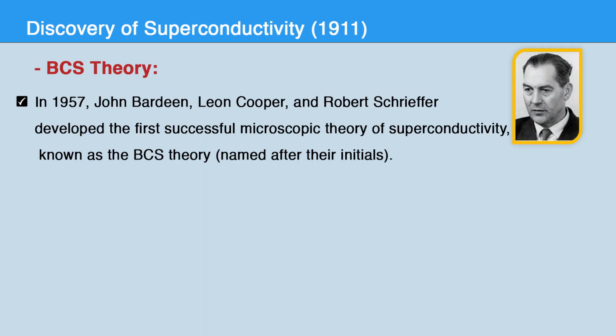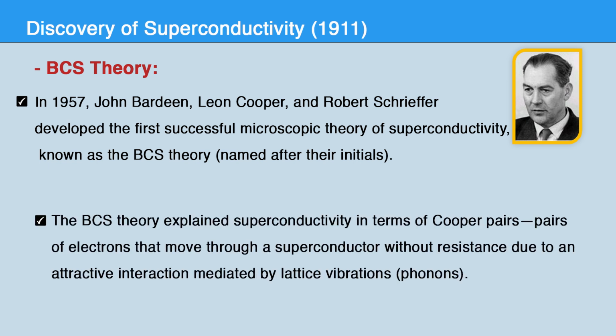In 1957, John Bardeen, Leon Cooper and Robert Schrieffer developed the first successful microscopic theory of superconductivity, known as the BCS theory, named after their initials.